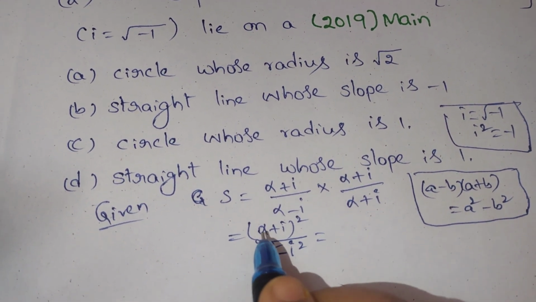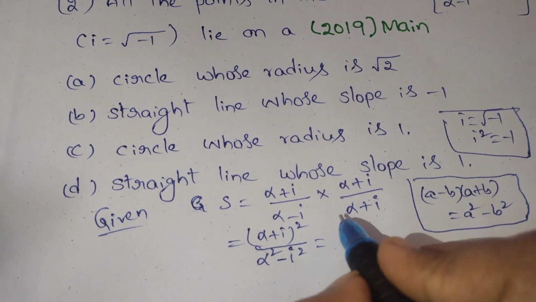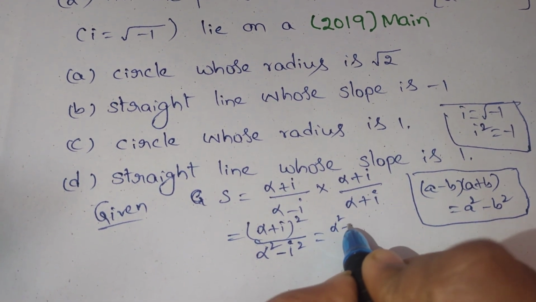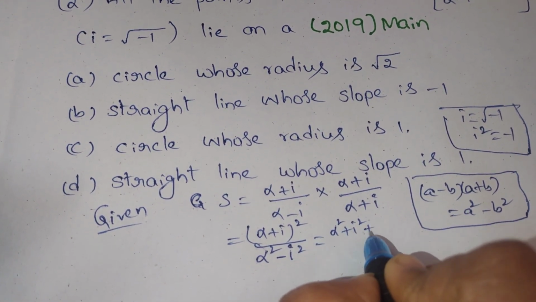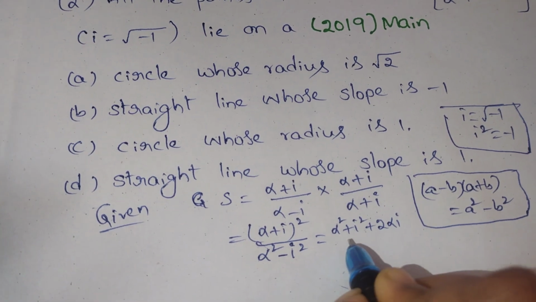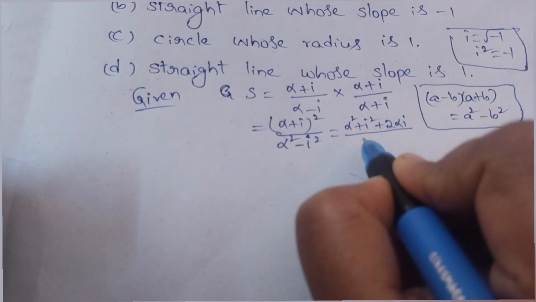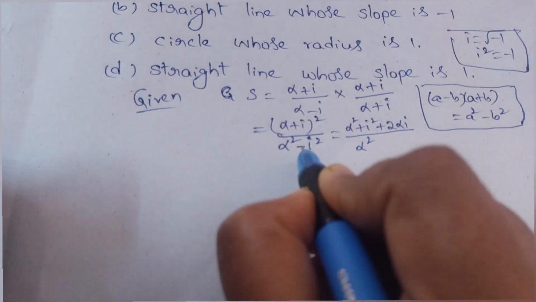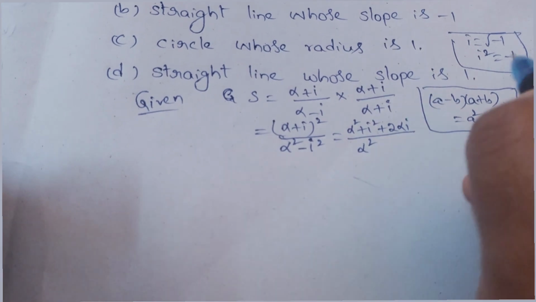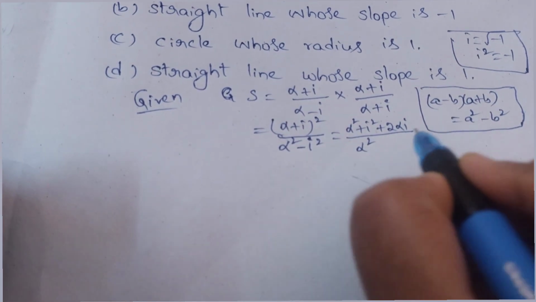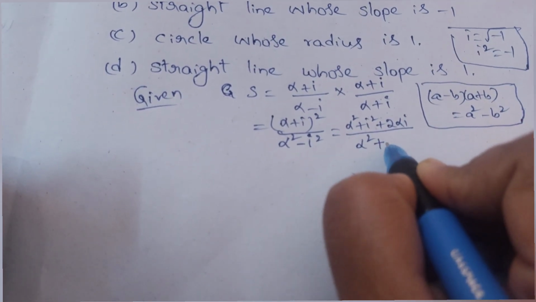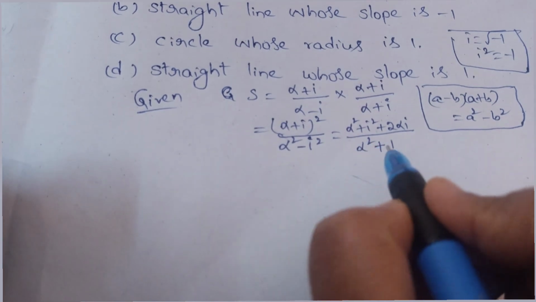Now expand this: a plus b whole square is a square plus b square plus 2ab, divided by alpha square. Here i square is there. What is the i square value? That is minus, so minus of minus 1 gives plus 1.